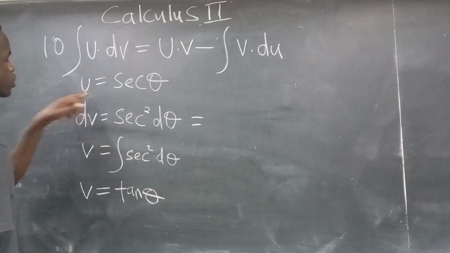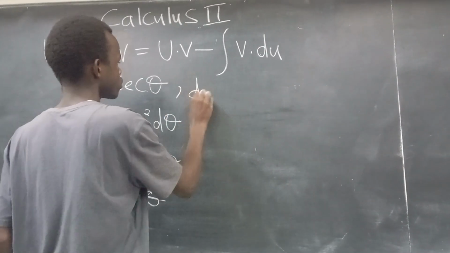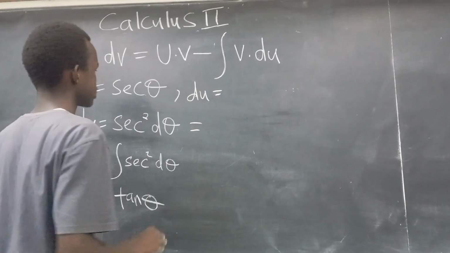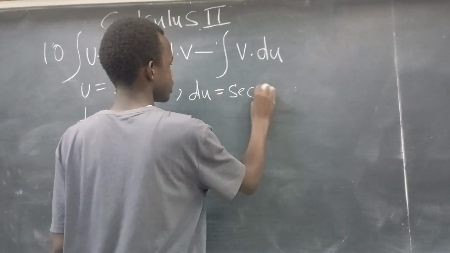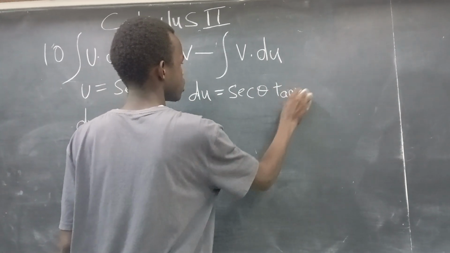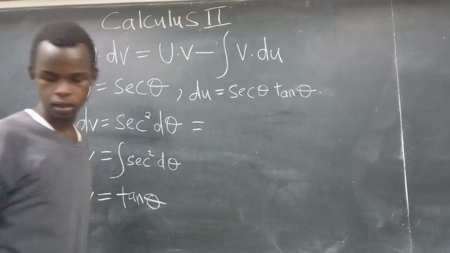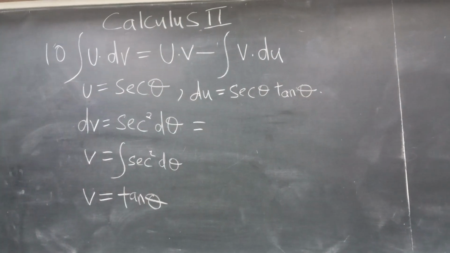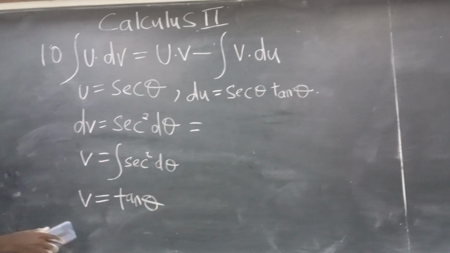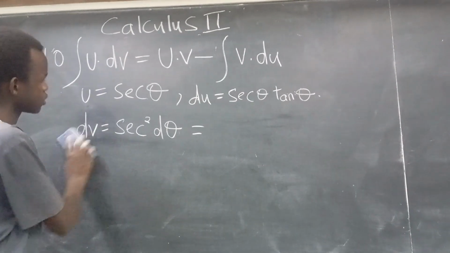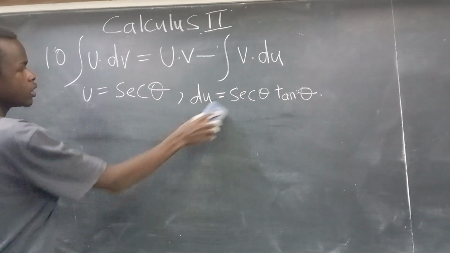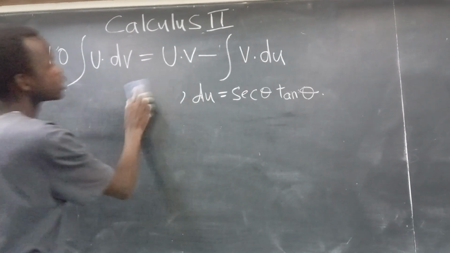What will be our du? Our du is just secant of theta tangent of theta. Okay? So we'll replace that inside our formula. Remember our v is tan of theta, and our du is that.